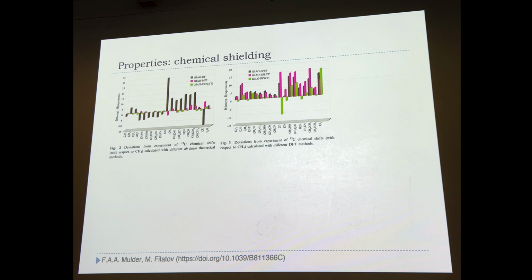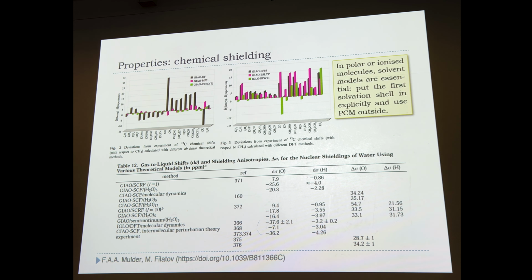Then DFT: 3 different exchange correlation functionals and 2 different ways of accounting for the gauge dependence in your orbitals, comparable as you can see, and significantly worse than MP2 and CCSDT for these molecules.